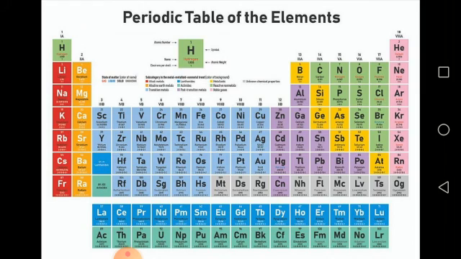The left one, called the S block, consists of 2 vertical columns, 1A and 2A, while the right side of the periodic table consists of the P block, which consists of 6 vertical columns.